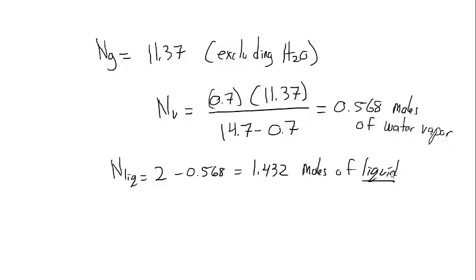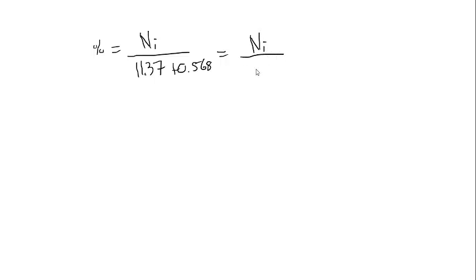So if I were to go back and calculate the percent of each gas, I would put the number of moles of that particular gas divided by the total number of moles of gas, which is 11.37 plus the water vapor. So that gives me the individual constituent gas divided by the total number of moles of gas, which is basically the total number of moles of product minus the liquid.